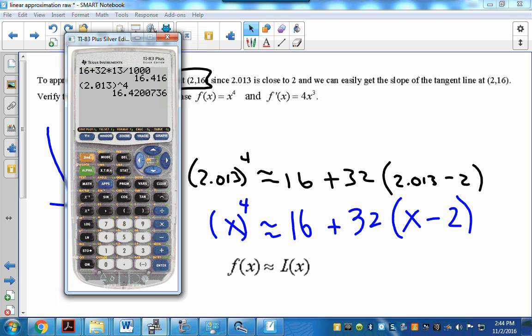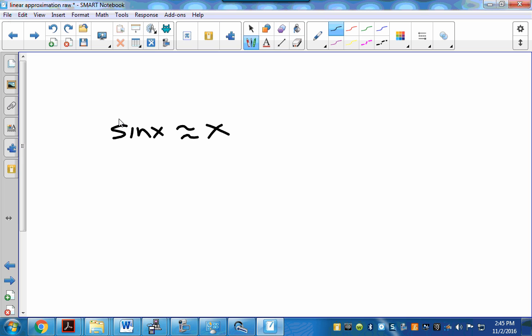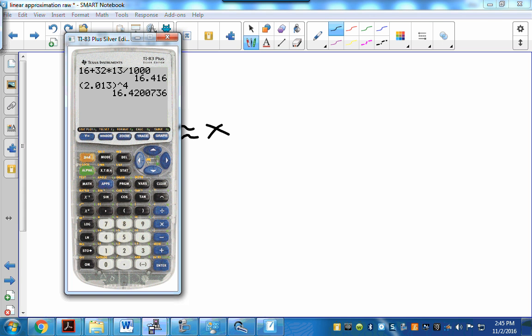One of the more common approximations that's seen in engineering is this: the sine of x is about x. That's a good one to put up your sleeve somewhere. The sine of an angle is about the angle. Yeah, it's used all the time.